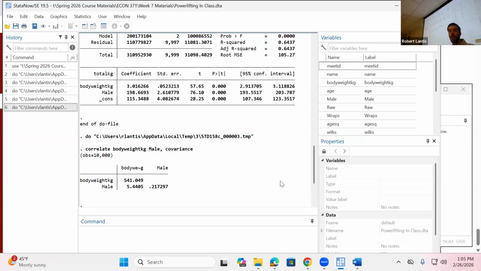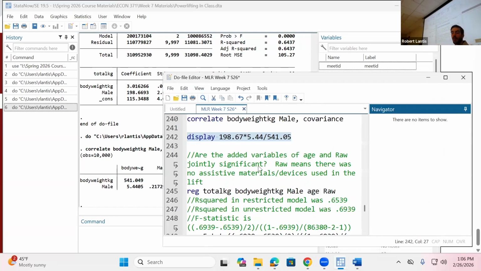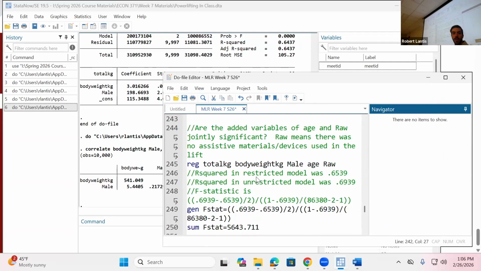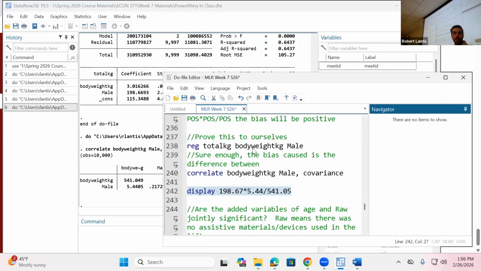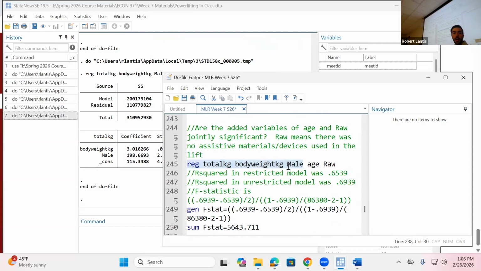Okay. So the next thing we can think about is a more recent topic, which is joint significance. So I'll start with this regression where I've included body weight and male. I'm going to come down here and now include two additional variables, which one was this identifier for whether or not they could use any assistive equipment, right?